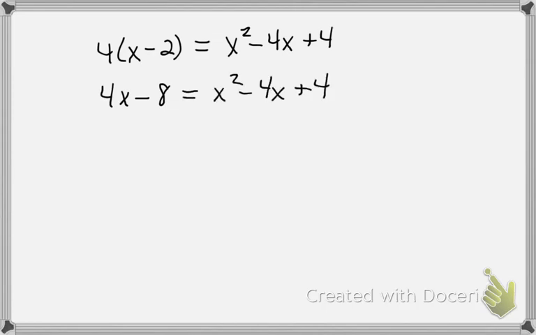And this is quadratic, so get it equal to 0 and factor. So 0 equals x squared minus 8x plus 12. I think we saw something similar to this before.